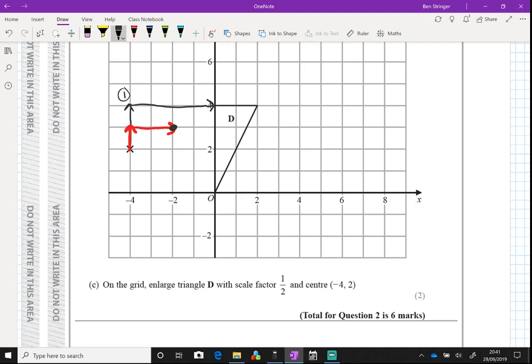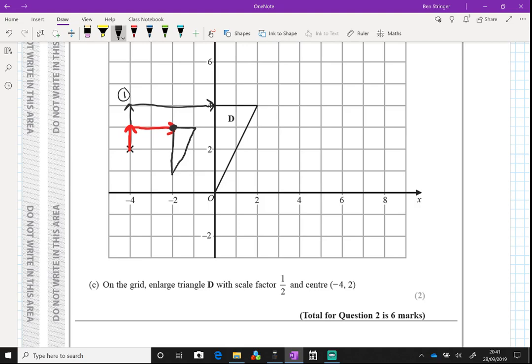Rather than it being 4 down, it's now 2, and then this was along 2, so it's now along 1. That was across 2 boxes up 4, so half of that will be across 1 box up 2. Yeah, that's fine. That's half of that, that's half of that, and that is half of that.